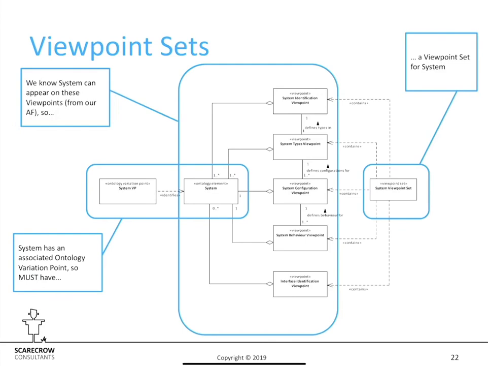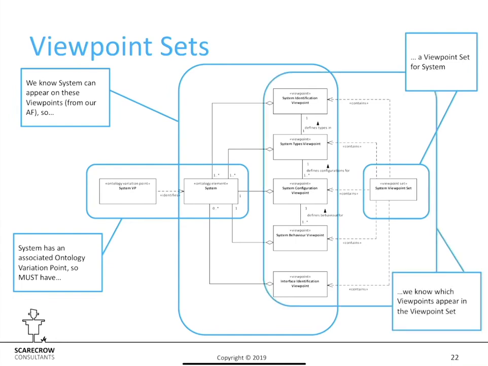And we know from our framework, because don't forget our approach depends on you having a framework-based approach in place, that system can appear on a number of different viewpoints, which are identified here. So those viewpoints have to appear as part of our viewpoint set.